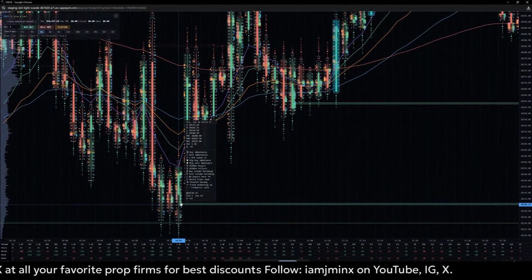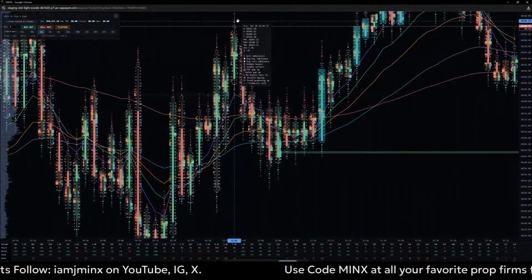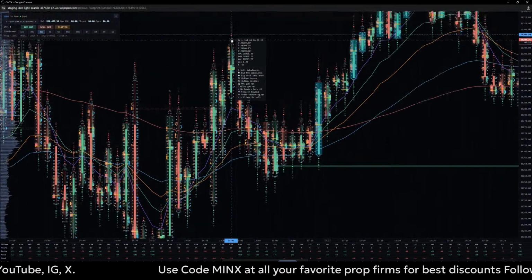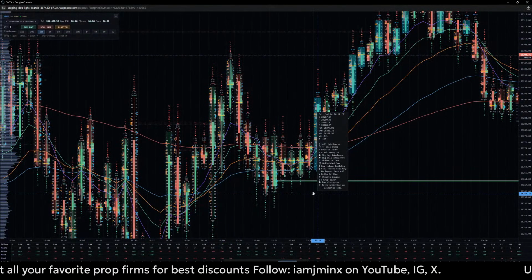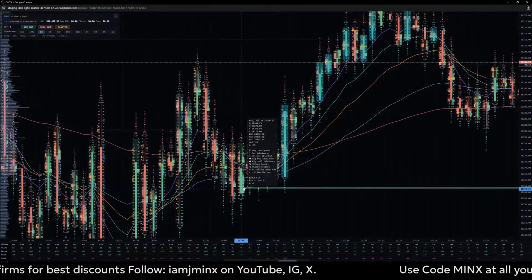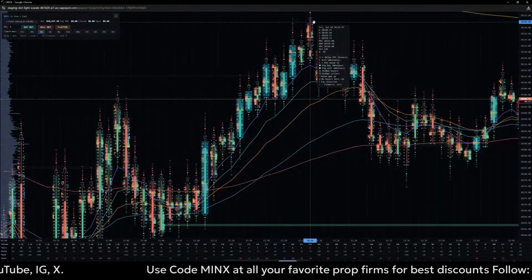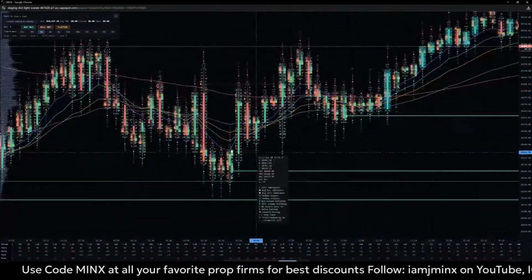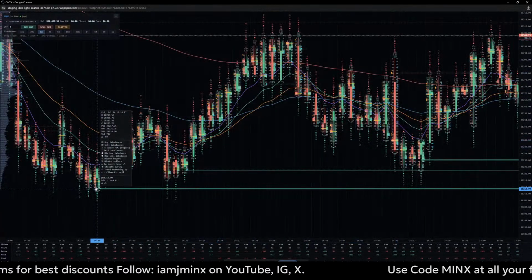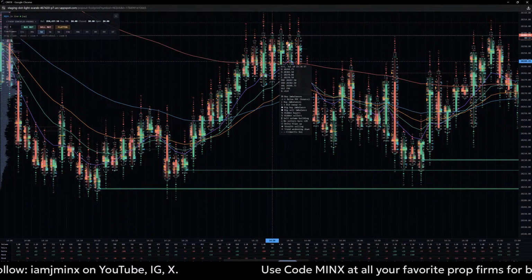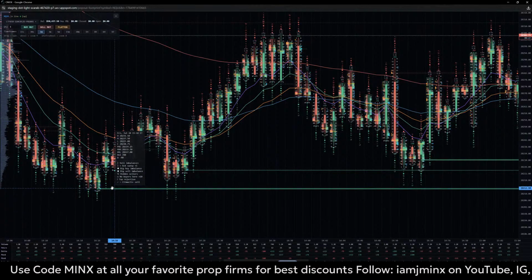Now, this stacked imbalance was at around 28 to 30. We ended up going up to 28,304. Came back down. This stacked imbalance was like 28,263. It ended up going to 28,330. So even if you're just looking at the stacked imbalance, it really is a pretty good indicator, I would say.